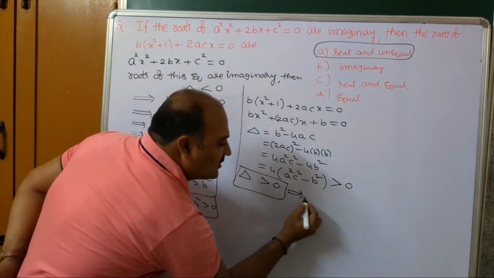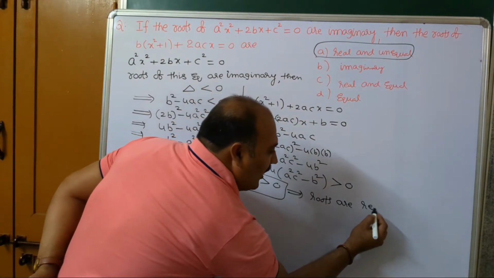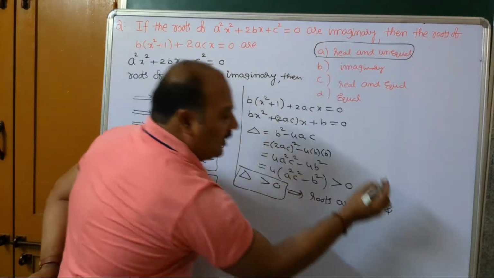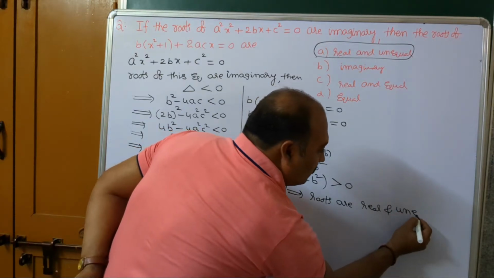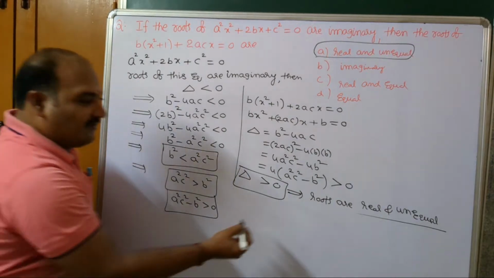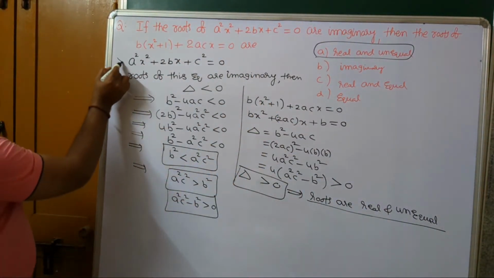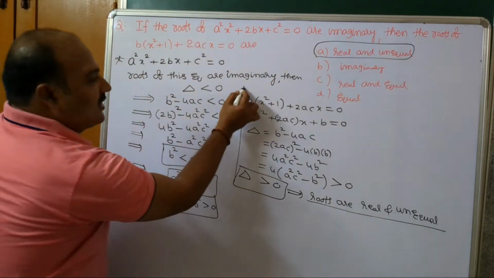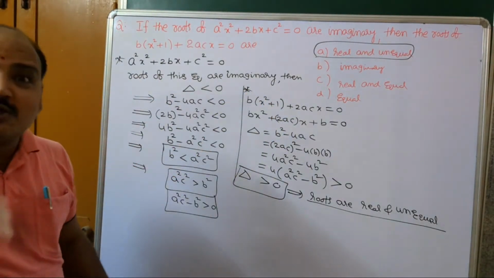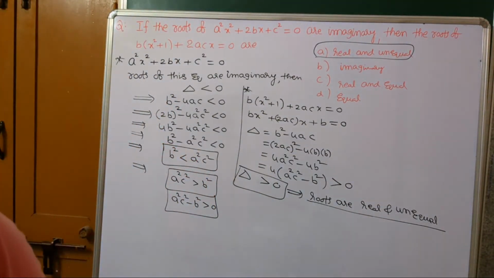That indicates roots are real and unequal. So this is the way you can find out based on this condition, dear students. This type of twisted question we may get in NSET 2024, either in AP or TS. You can understand that. I will move to another question, the last question in this session.